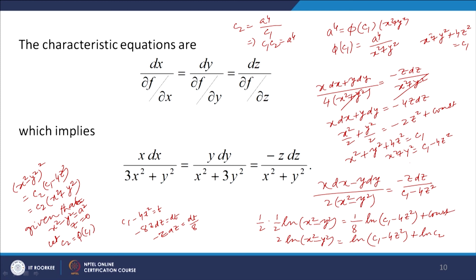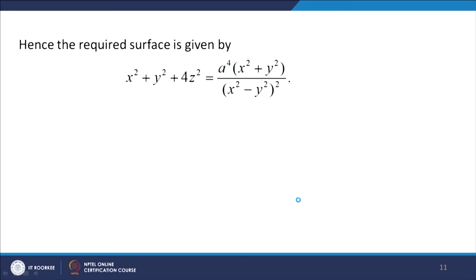So we get the following. C1 C2 equal to x square plus y square plus 4z square into x square minus y square whole square upon x square plus y square is equal to a4. So that is the surface. Okay, so we have this as the required surface.